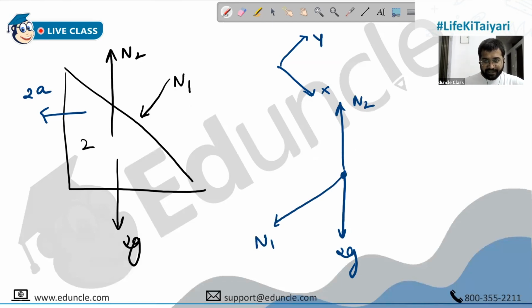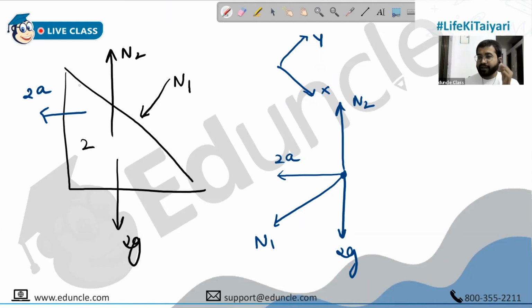I hope you understood what is the last attempt that I'm trying here. I'm shifting the coordinates, people. I'm using the original xy axis that we had chosen for the first block. Let's try to keep that xy and resolve forces along that and see if we are getting something.